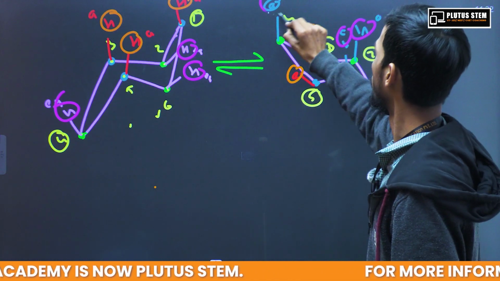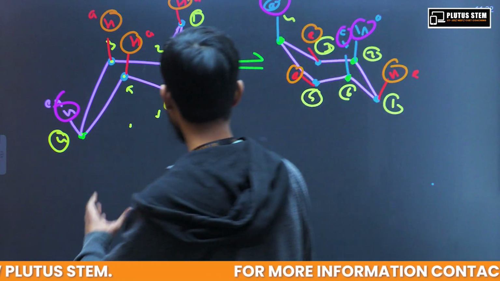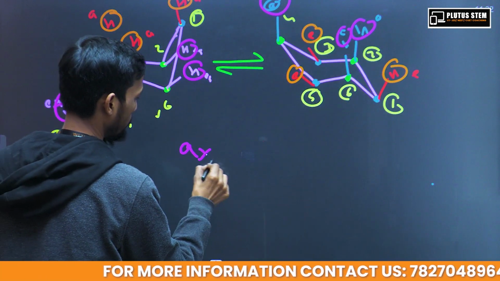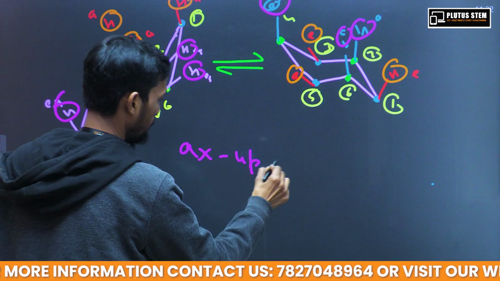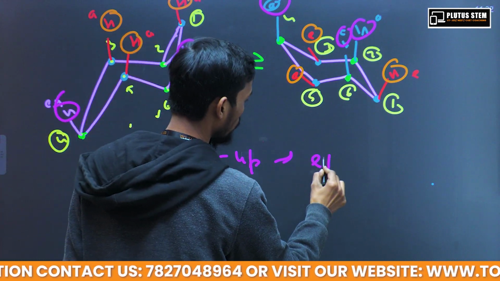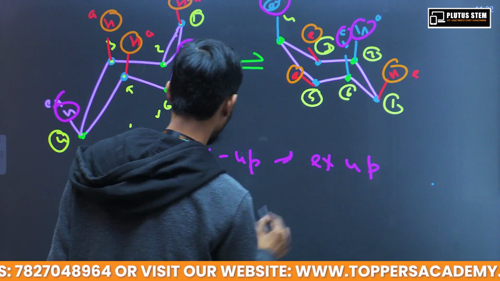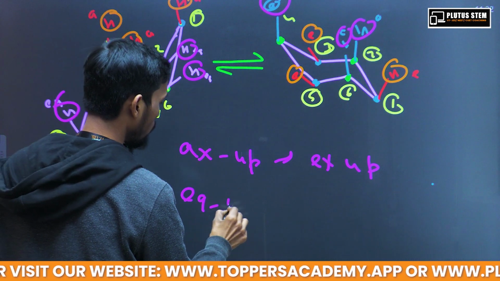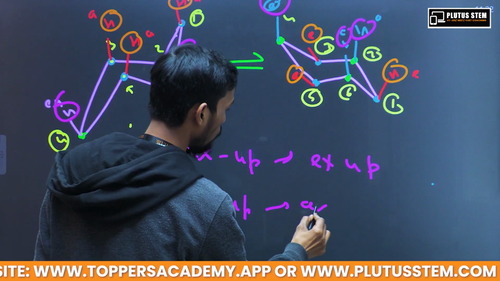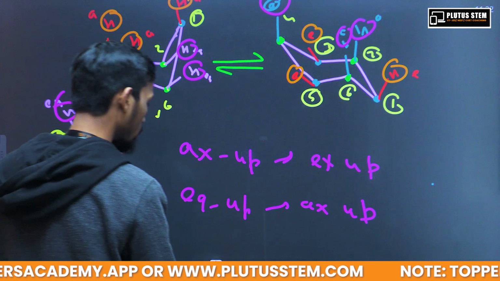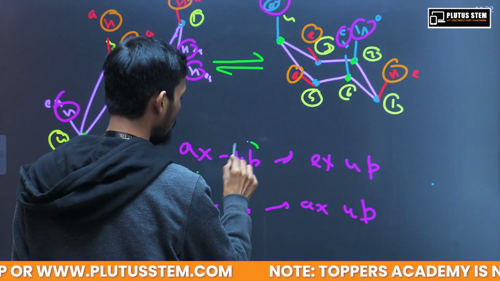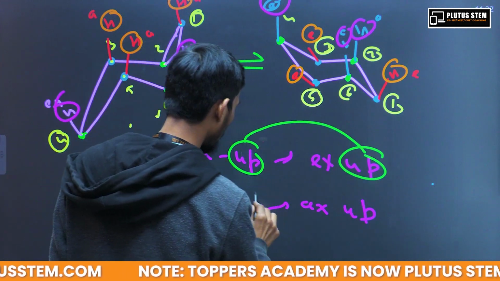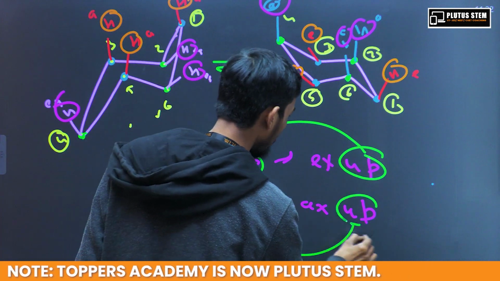One more, yeah, this one. So axial up is converting into equatorial up. Equatorial up is converting into axial up, which means the upper hydrogen are remaining constant. Up and up are remaining same.